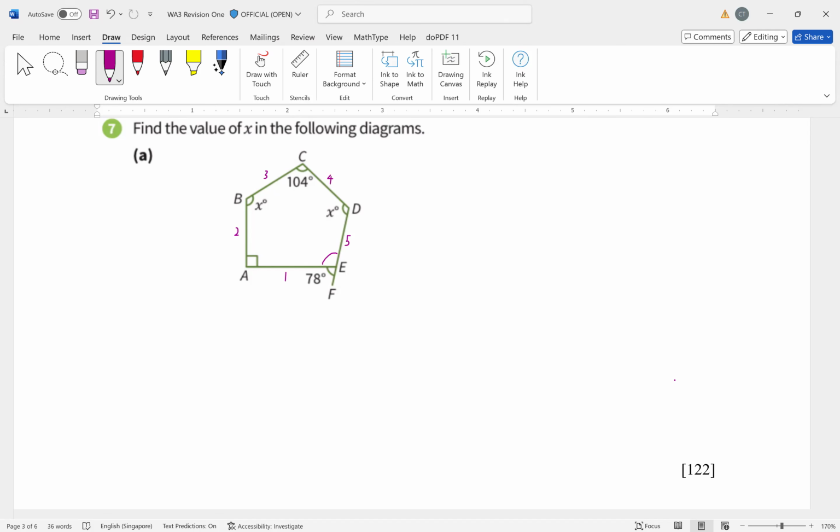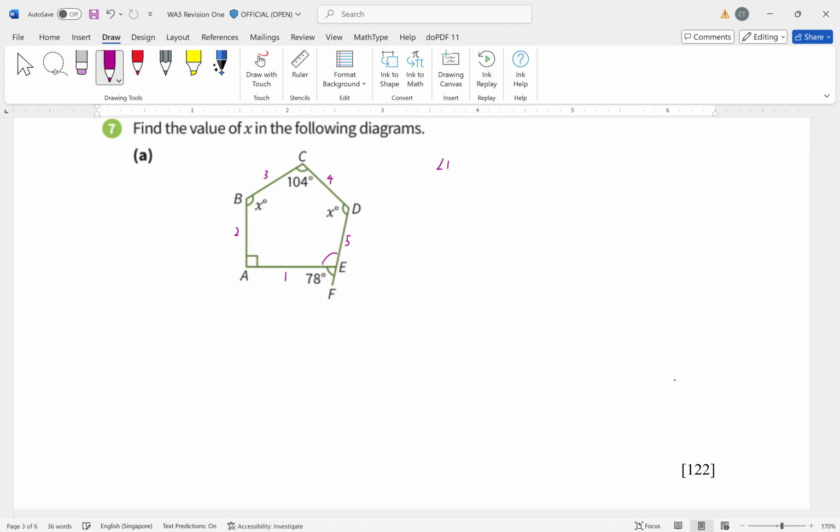So in this case, it becomes rather straightforward for this question. If we can find the sum of the interior angles, then these 5 angles added together, we can form an equation and equate it to the sum of the interior angles, and then we should be able to solve to find x. All right. Okay, but first let's try to find this angle AED over here.